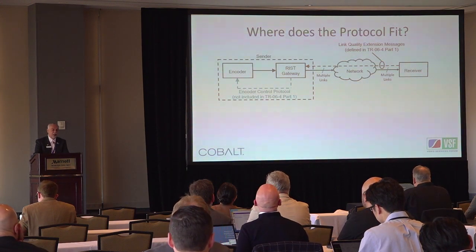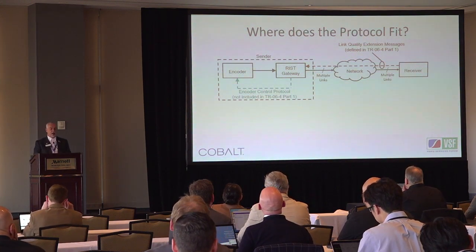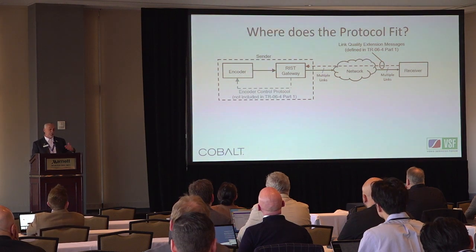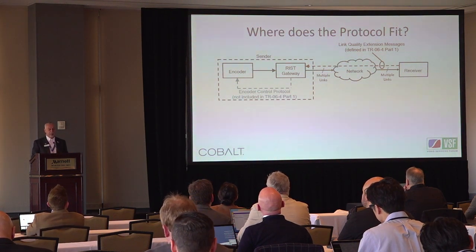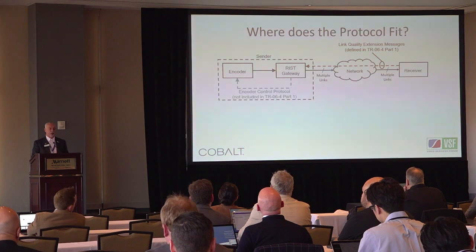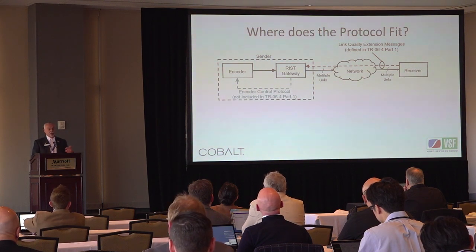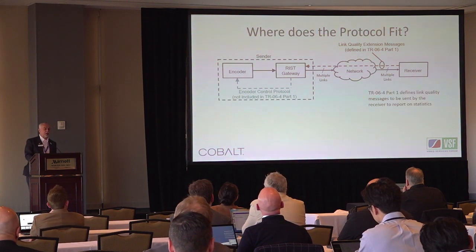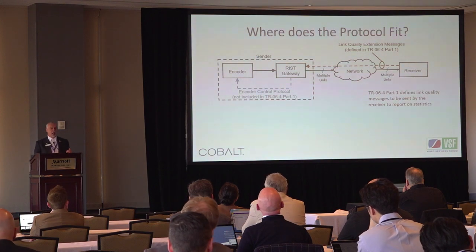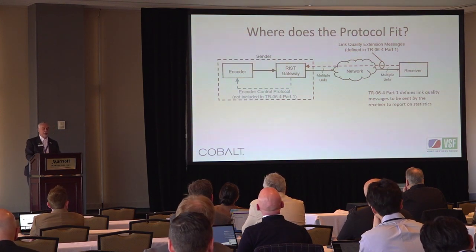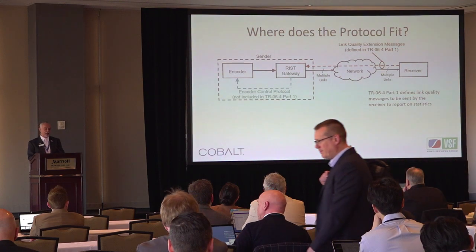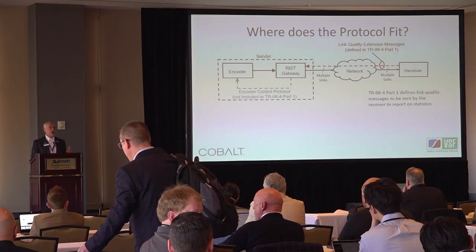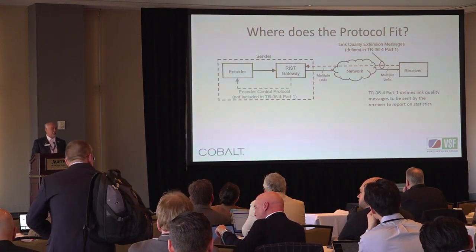So, where does it fit? You have an encoder that may go through a RIST gateway, that's the sender, that transmits through the network, and then a receiver. What TR064 defines is what we call link quality messages from the receiver to the sender. So, tell me, how are you receiving?